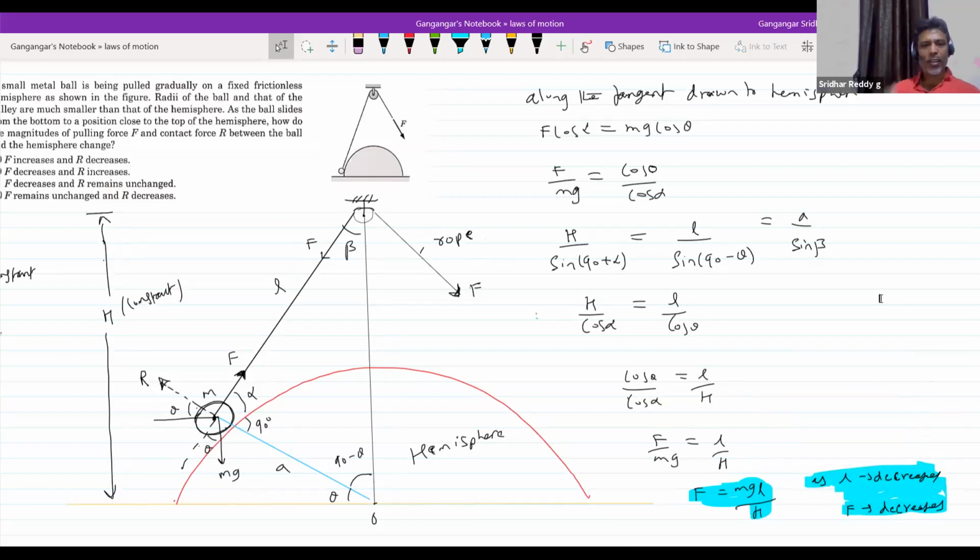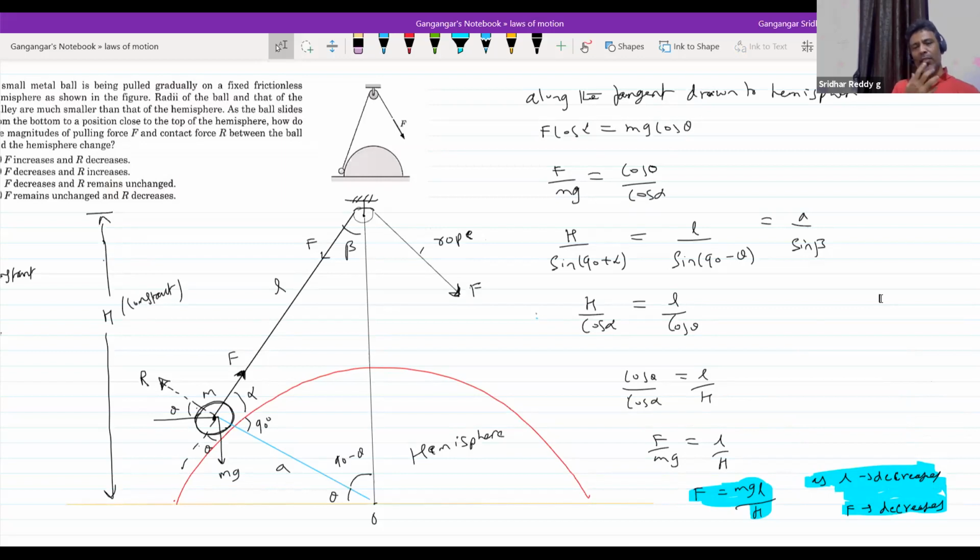So now similarly, what about R? Can you try at least R? Again, the same method. What should happen to R? You have to resolve. So how will R act?